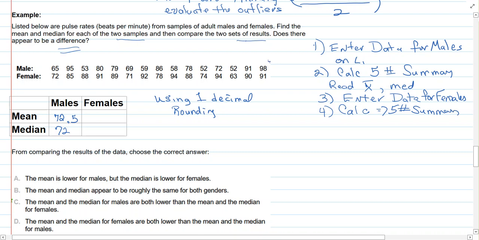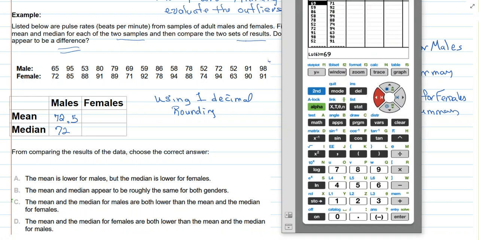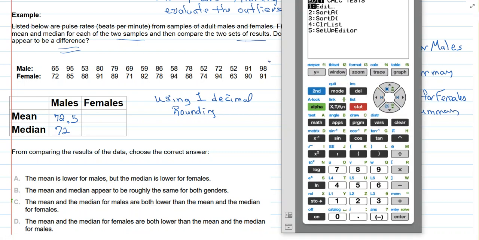All right, so I'm going to do a stat key, calc, and enter. But before I do anything, I'm not doing line 1, I'm doing line 2. So I'm going to enter second, number 2, and line 2 appears. Then I'm going to enter, enter, enter.